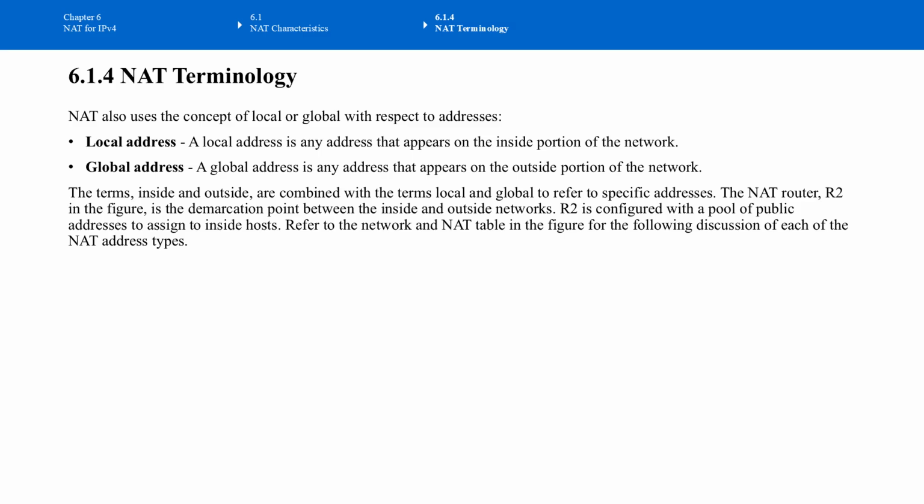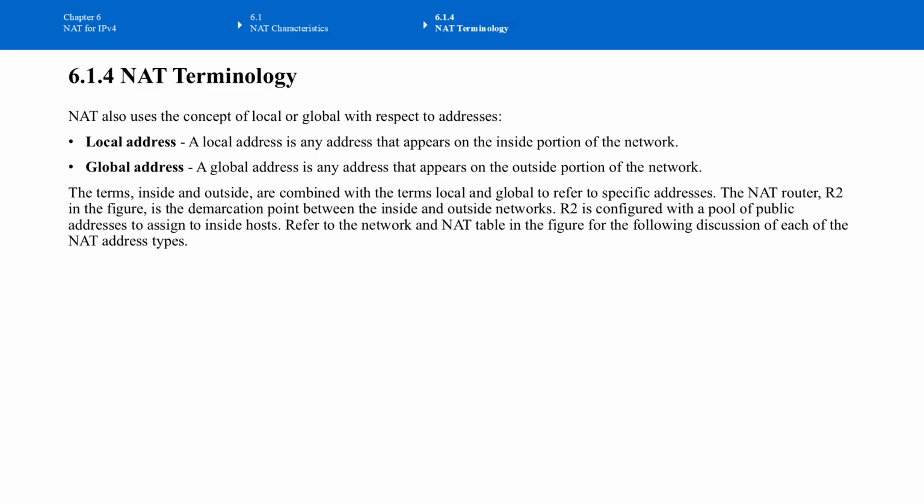NAT also uses the concept of local and global with respect to the addresses. The first one is the local address. A local address is any address that appears on the inside portion of the network. And then there is a global address. A global address is any address that appears on the outside portion of the network.